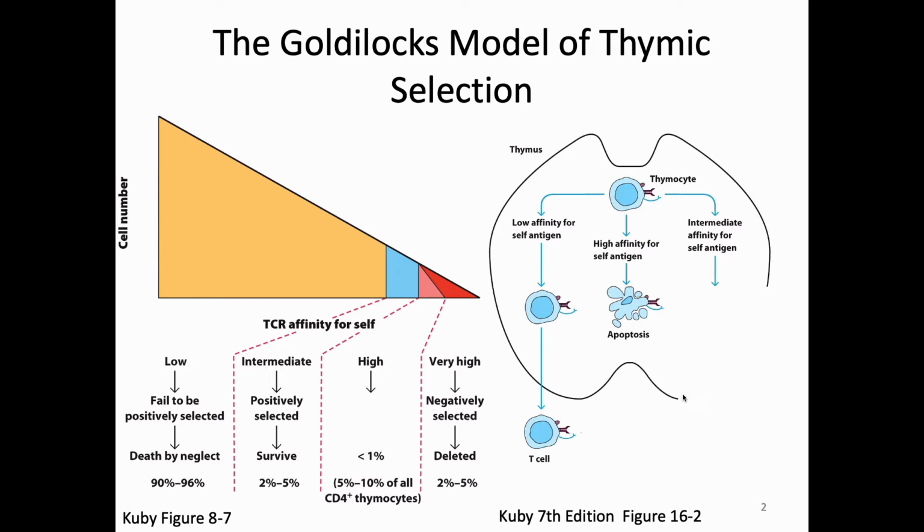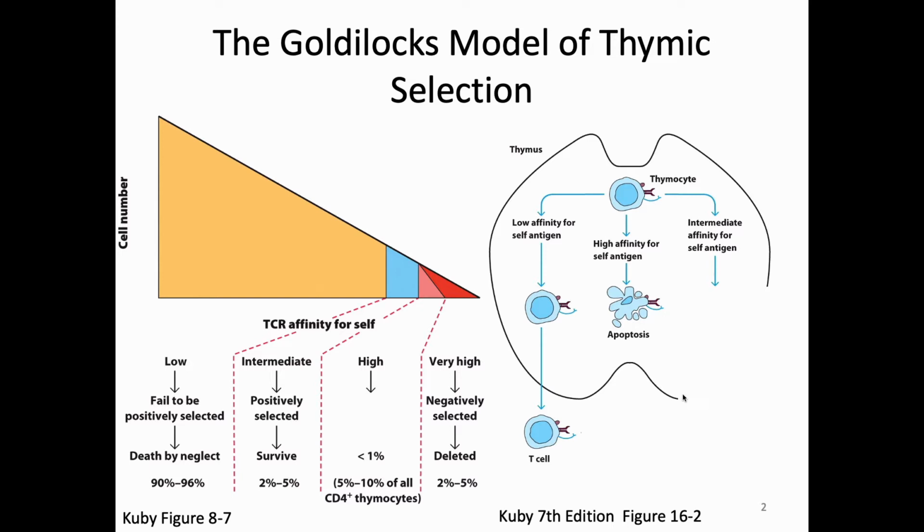They are not responding to MHC, so they're kind of useless. The ones that have very high affinity are negatively selected. They're actively killed, so we're deleting those cells. Only the ones with a low intermediate level of affinity are positively selected and actually become the T cells that get to leave the thymus and go out into the periphery.